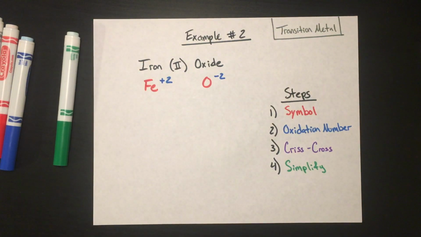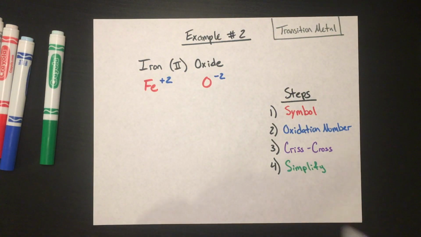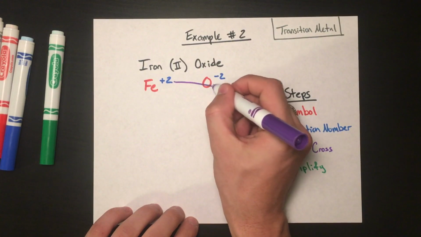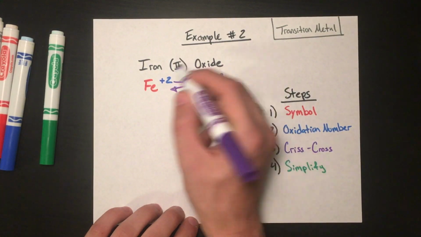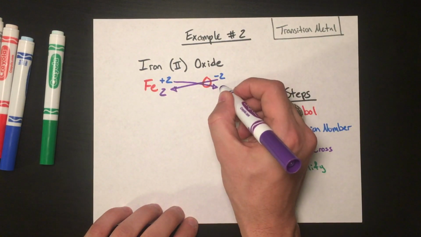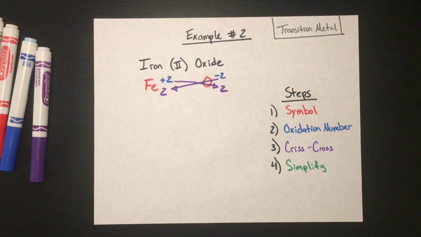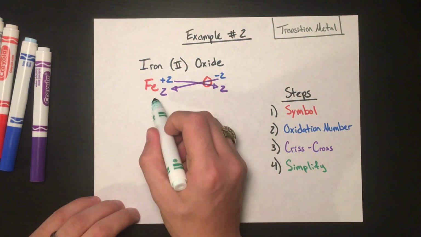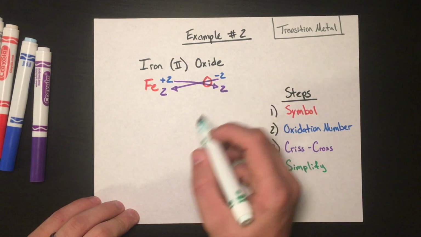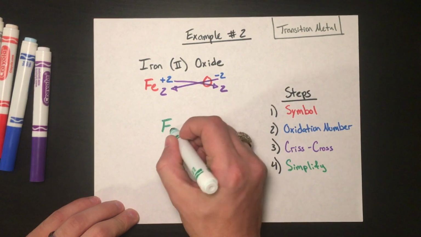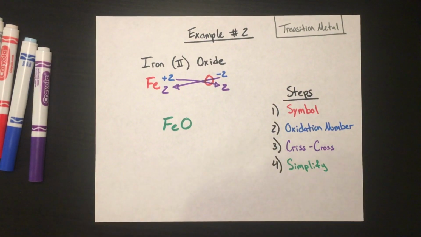So then just like we did before with the sodium chloride, we crisscross our new numbers, and so Fe2 and then oxygen 2. And then our last step, just like before, is to simplify. So in this case, iron has 2, oxygen has 2, so your new final compound would just be FeO.